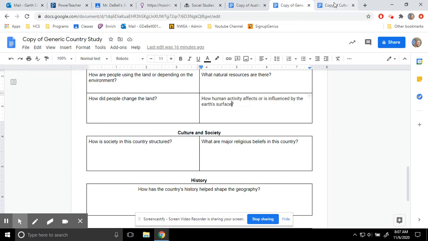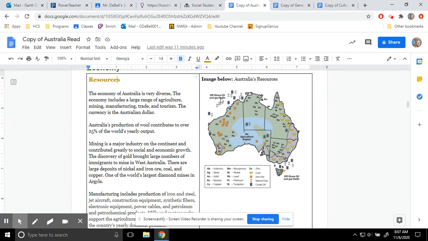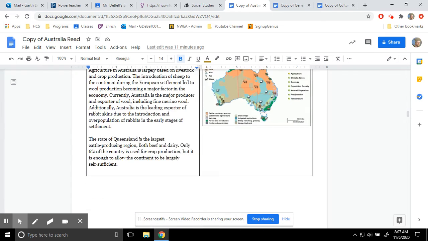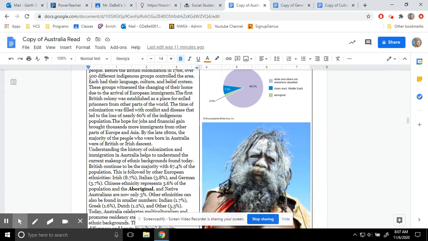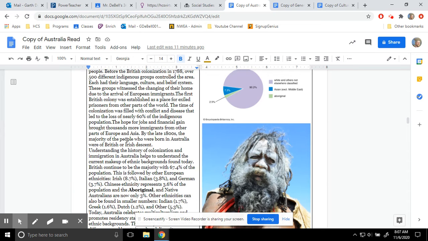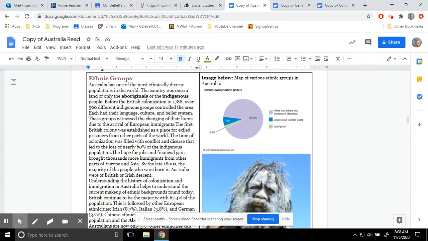How is society in the country structured? Oops, wrong one. All right, so this would just be the section where we would go and look for people. So you have the original groups, which was the Aboriginals. The British colonized Australia in 1788.